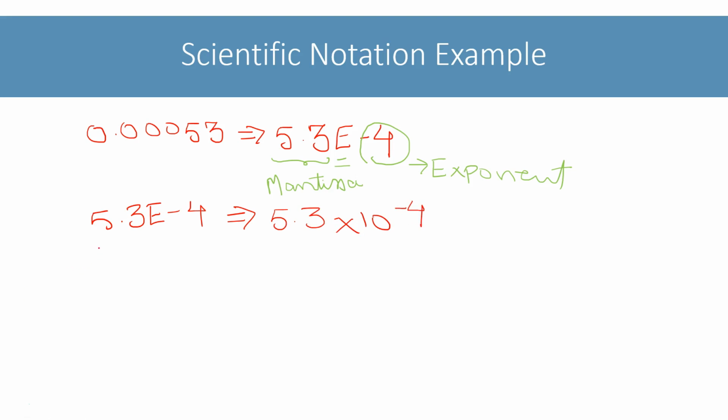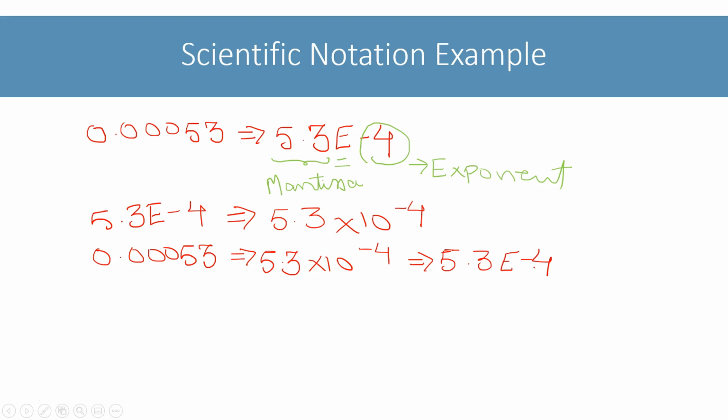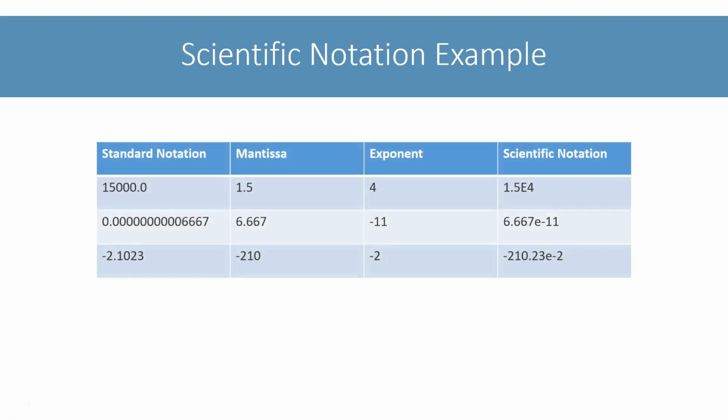Putting it all together, the standard notation floating point literal 0.00053 can be written in scientific notation as 5.3 into 10 to the power of -4, which is equivalent to 5.3e-4. Here are a few more examples to help you understand this better.